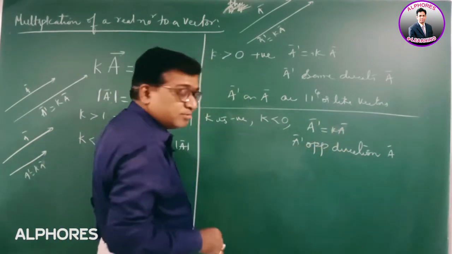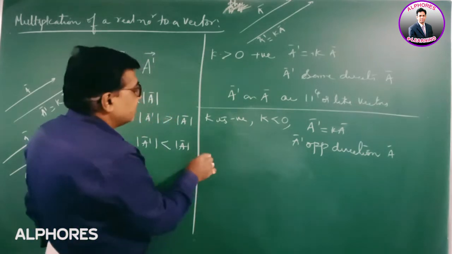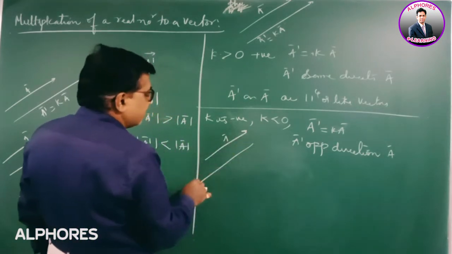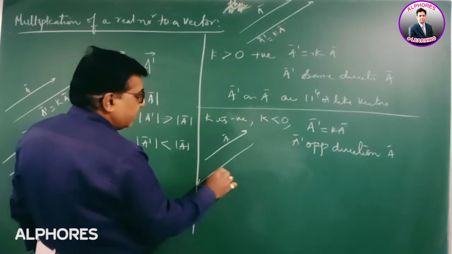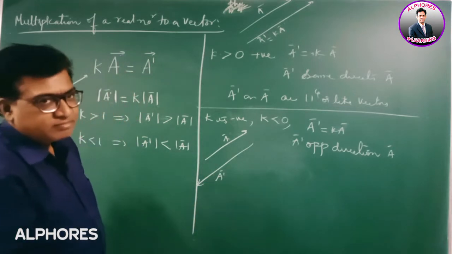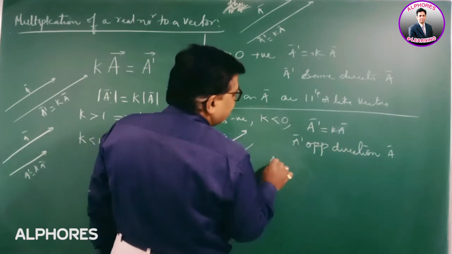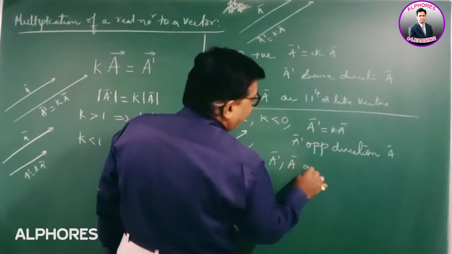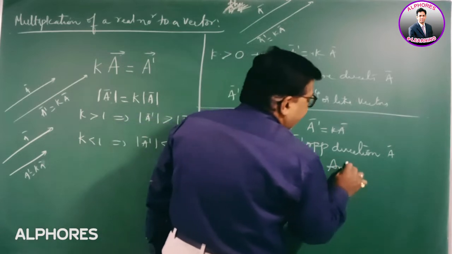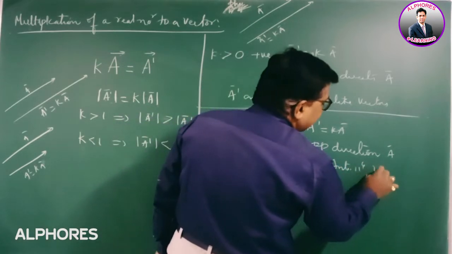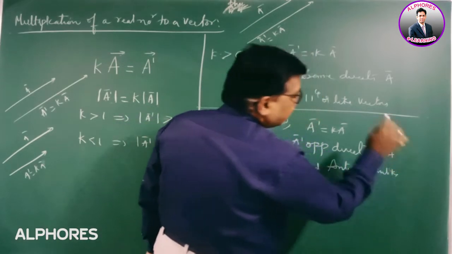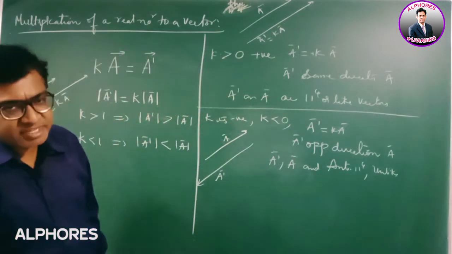So the direction is reversed. If A bar is like this, then A dash bar will be in this direction, opposite. So if K is negative, the direction is reversed. Then A dash bar and A bar are anti-parallel vectors, unlike vectors, in opposite directions.